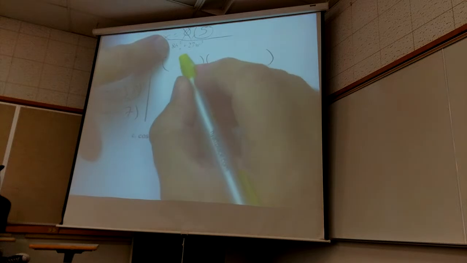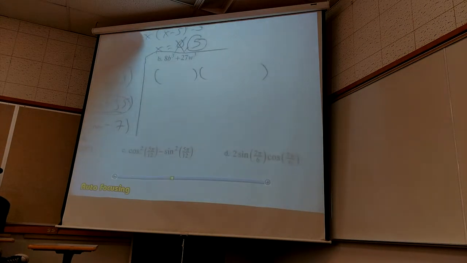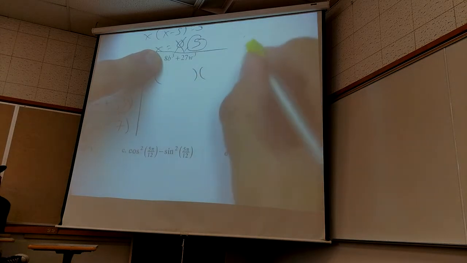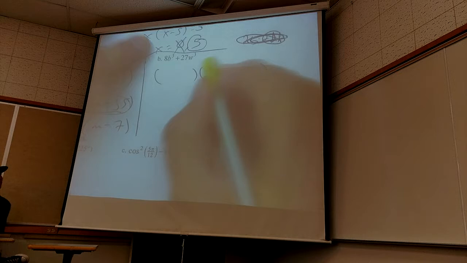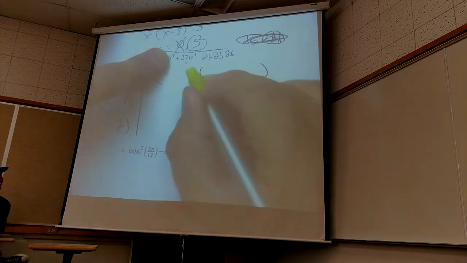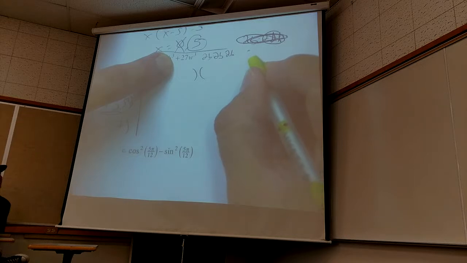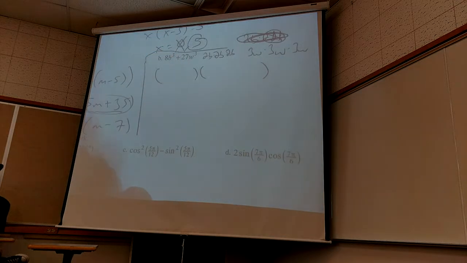So 8b cubed is made up of 3 what's? What's 8? Yeah, so 8b cubed is 2b, 2b, 2b. And what's 27w cubed? 3w, 3w, 3w. It's all multiplication, right?